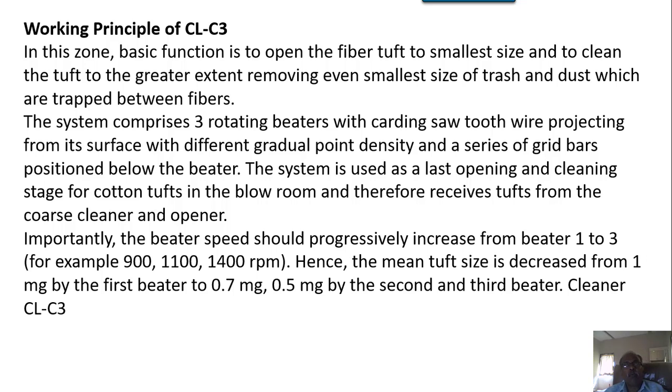So depending upon what kind of count you are going to spin, your blow room installation is required to be in that particular order. If someone prefers a coarse count range, say up to 30s or something like that, then that installation should have a CVT line in the case of a Trützschler.